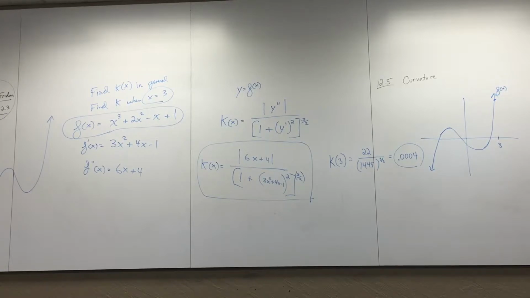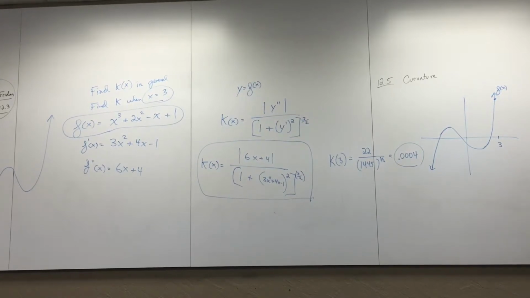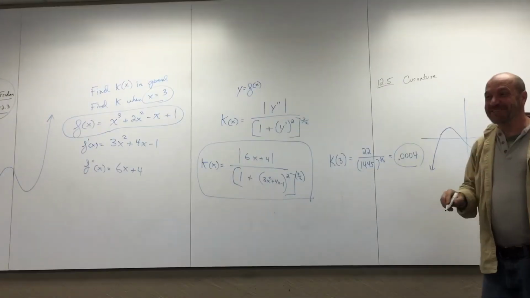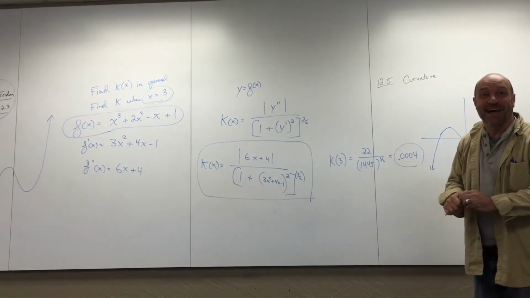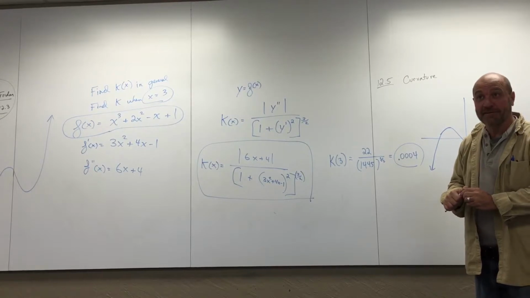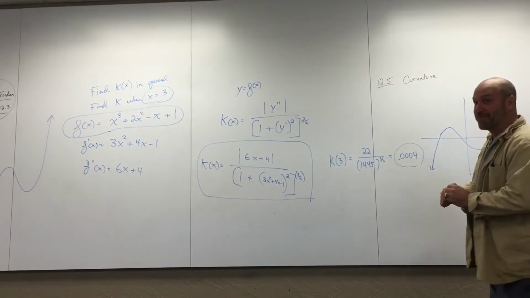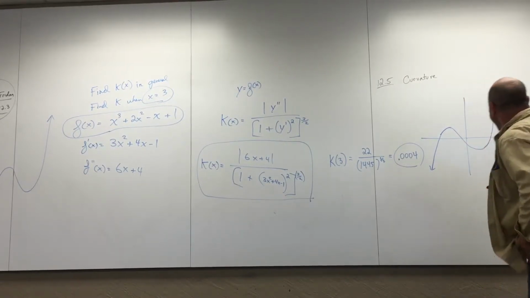How much does it curve? It's 0. That's true, it depends on which geometry you're in. A straight line on a sphere is a circle.